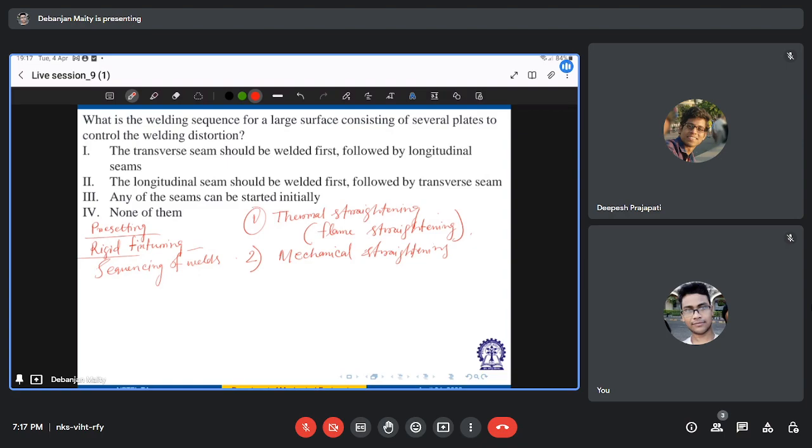But it offers tremendous capability, even for very large and apparently immovable structures, correct? And mechanical straightening is very straightforward. As I was saying, you can use some braces or jacks to straighten the part itself if some kind of distortion is happening.